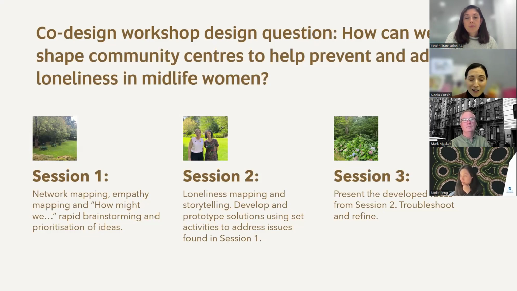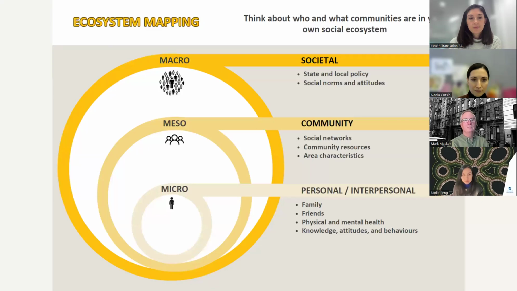The women agreed to participate in 3 sessions over 3 weeks, and there were 8 hours in total of co-design work. I'll talk you through some of the activities that we did in the 3 sessions in order to come up with and prototype solutions for loneliness. One of the first things we did was an ecosystem mapping.